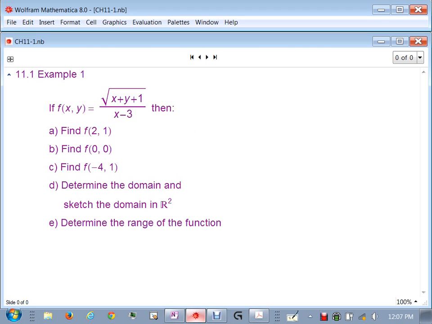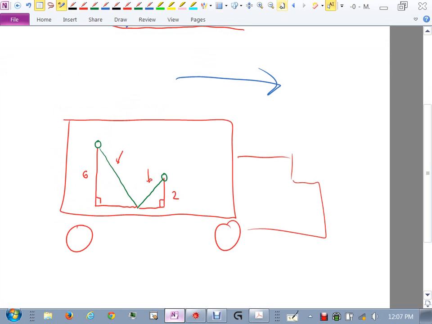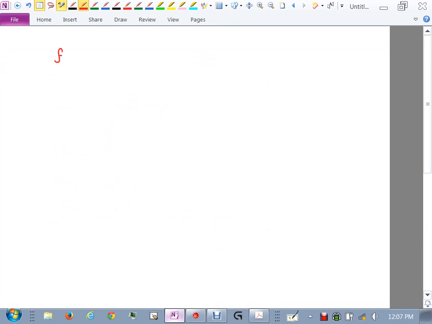It's a lot to do there. So let's write some stuff down. f of x, y is the square root of x plus y plus 1, over x minus 3. The first thing is for us to just evaluate part A. What is f of 2, 1?